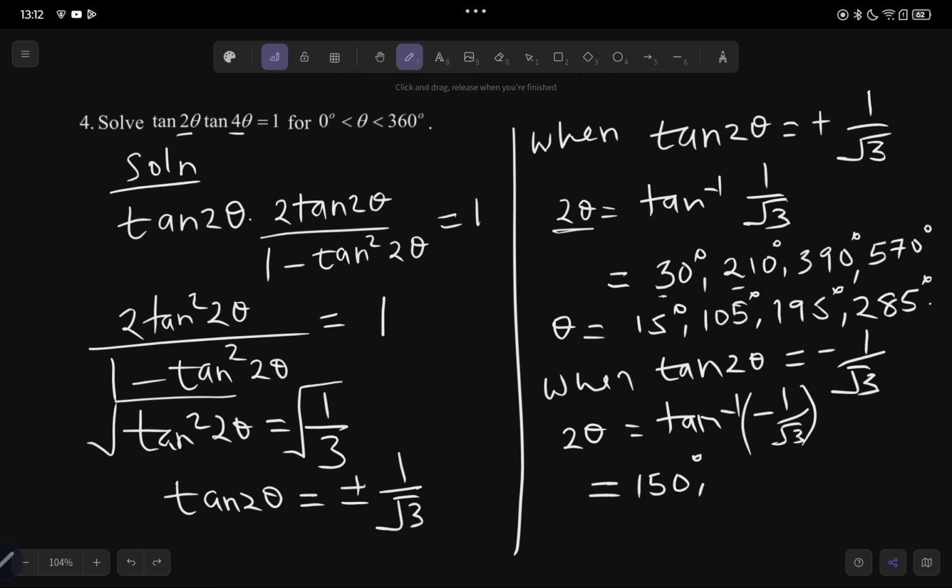Then in the fourth quadrant, 360 minus 30, we get 330 degrees. Then we again go over for the second cycle. 360 plus 150, we get 510. Then 360 plus 330, we get 690.